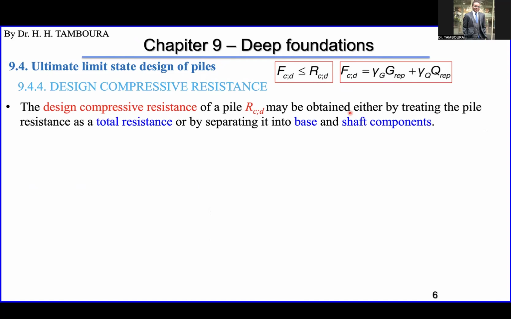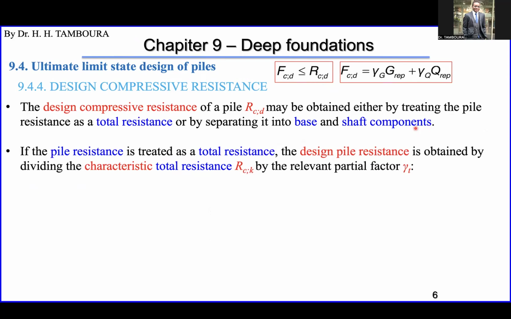There are 2 ways. You can consider the pile like a single resistance, a total resistance, or you can estimate the base resistance and shaft resistance separately, and then by combining base and shaft, you obtain the total resistance.